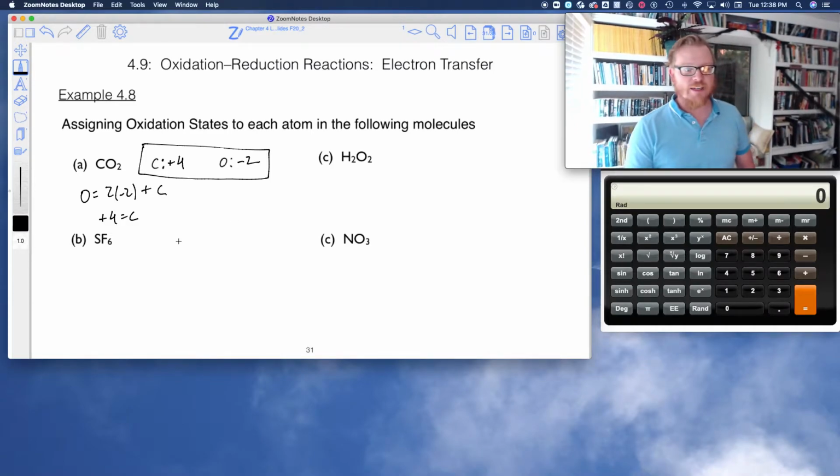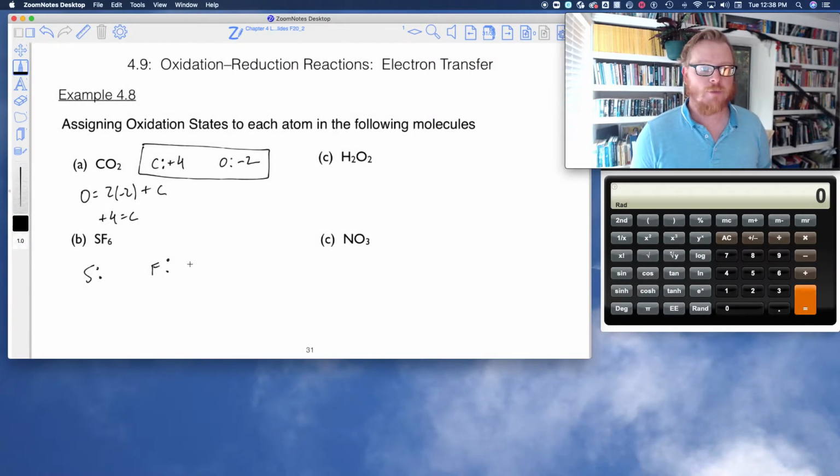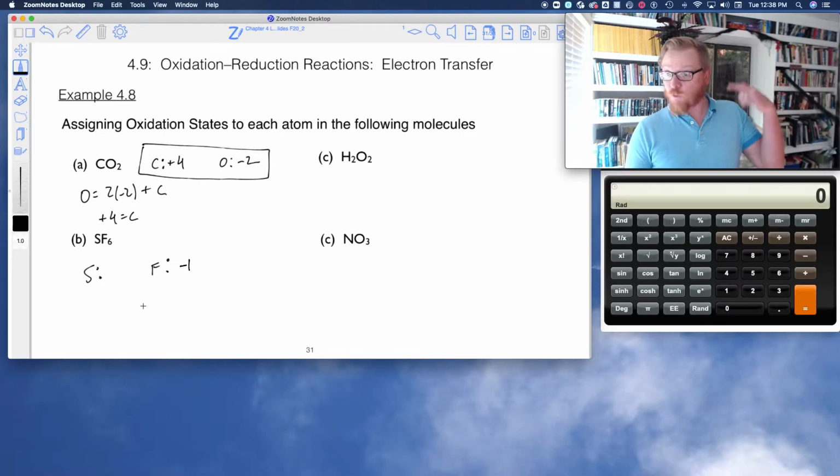Let's do SF6. All right, so we remember from the rules that fluorine in compounds is always -1. So that's -1. And again, I'll set this up as an algebraic equation, but hopefully when you get enough practice on this, you can just do the algebra like that.